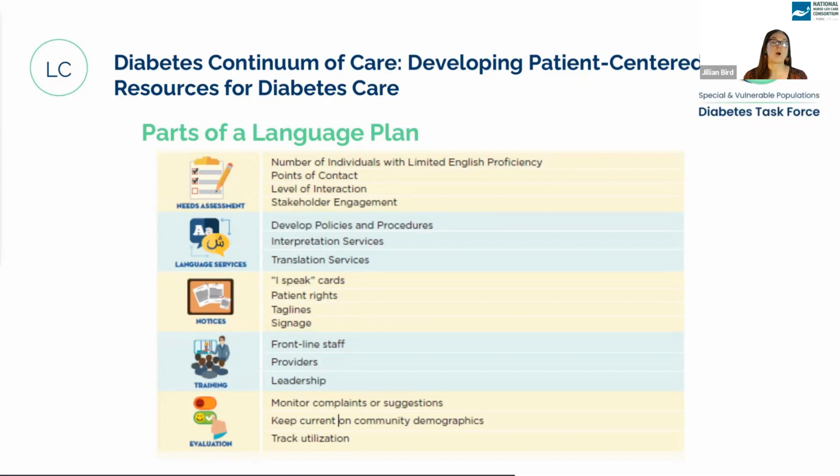The next part would be the notices, notifications to the patients that there are opportunities for interpretation or translation. Some of those things would be creating I speak cards, which say I speak, and then there's maybe 14 languages listed, and there's a chance to highlight the one. The individual can carry that around and show it when they get to the health center.